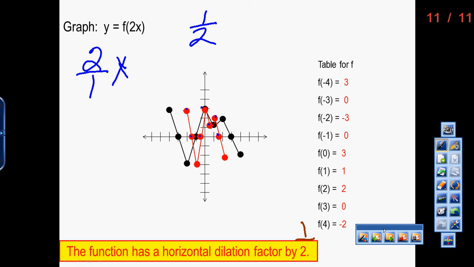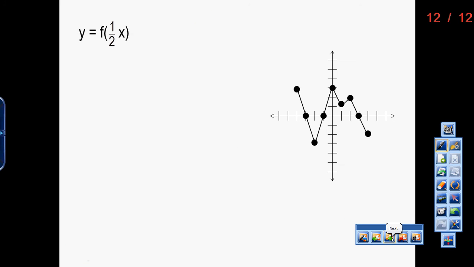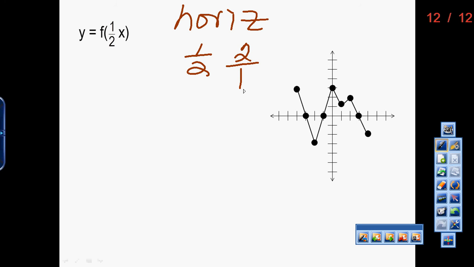So let's look at the next one. So what do we think it's going to do? Okay, Ms. Tad, you said that when it's inside with the x, it's going to have a horizontal effect. And I know that what's inside with the x is a 1/2. So I can deduce that it's probably going to have a 2 over 1 dilation. So let's take a look and see if that's actually what happens.